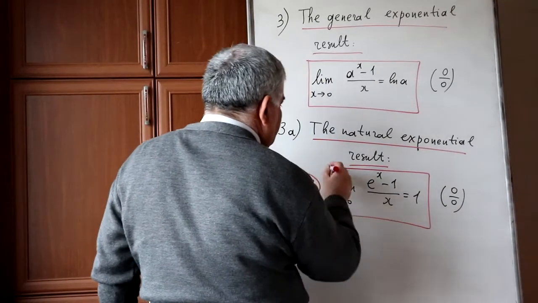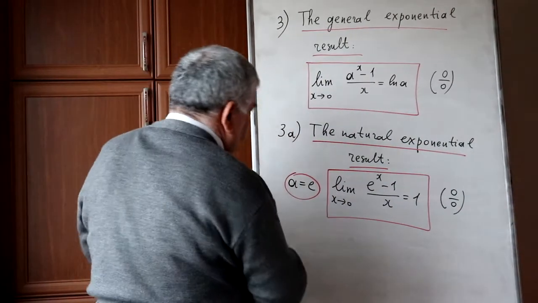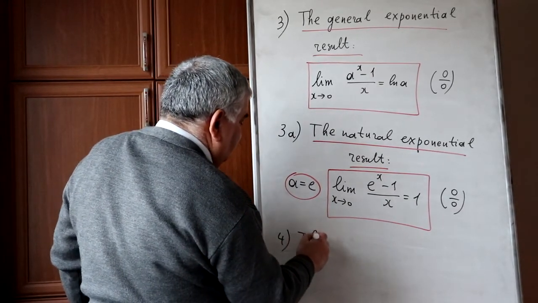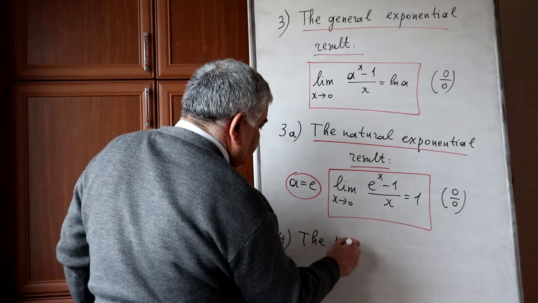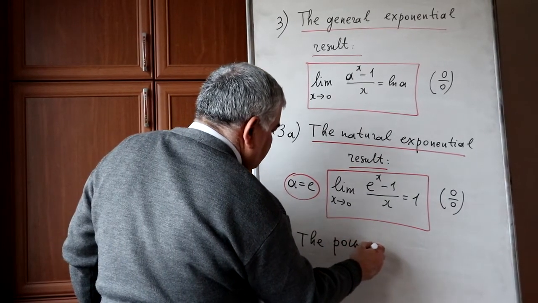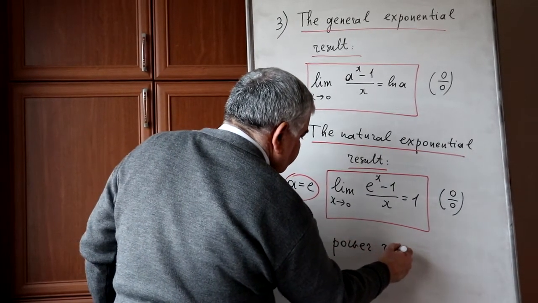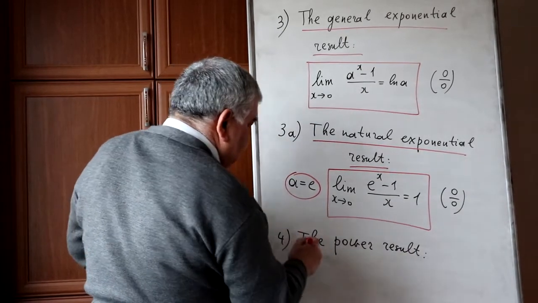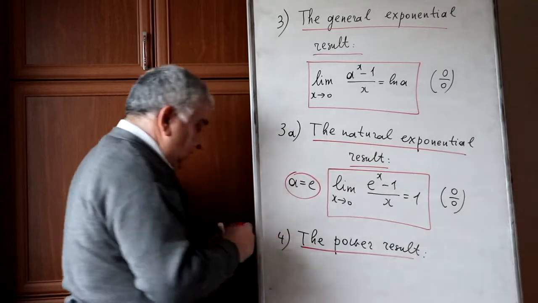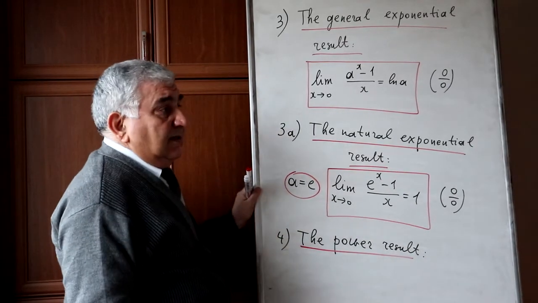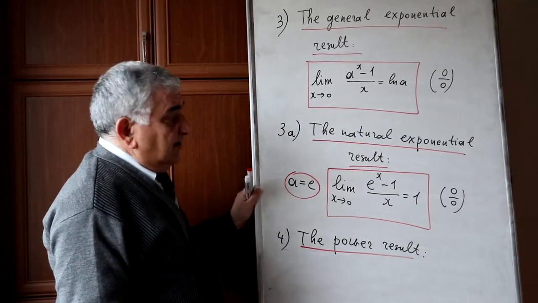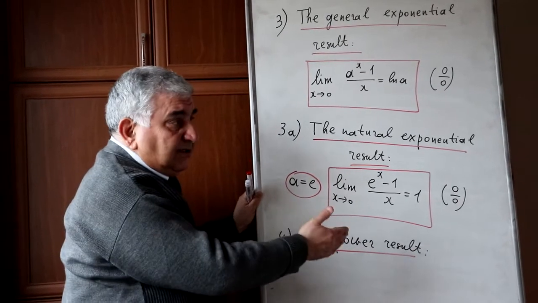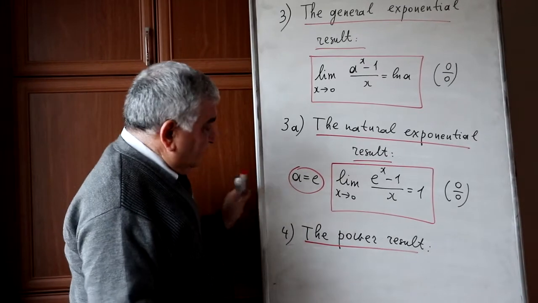And finally write the power result. In mathematics power in Azeri is kuvvet and in Russian is степень. Kuvvet neticesi, степенное следствие.